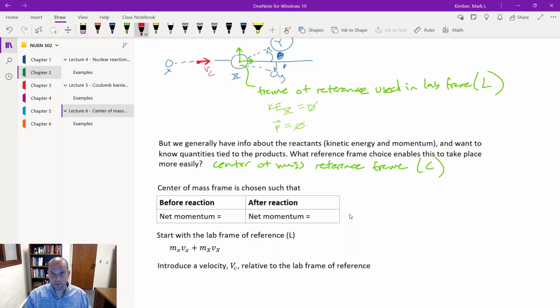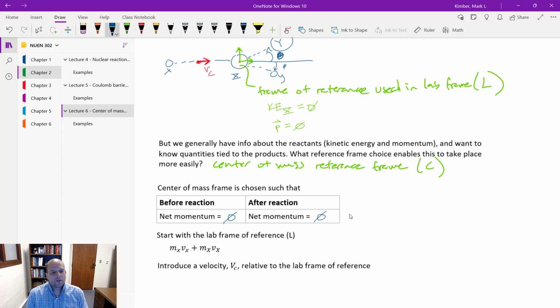And so we want to choose some velocity. We could choose any velocity we want to, but we want to choose a velocity, this VC, such that before the reaction I have a net momentum of 0, just like we saw for the reactant side after the reaction on that example 6.1. And I also want to achieve that same condition for the net momentum after the fact.